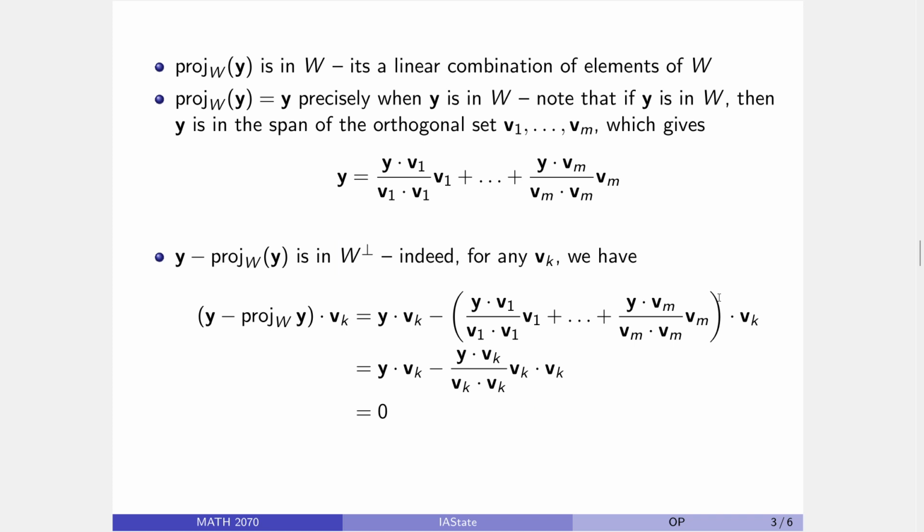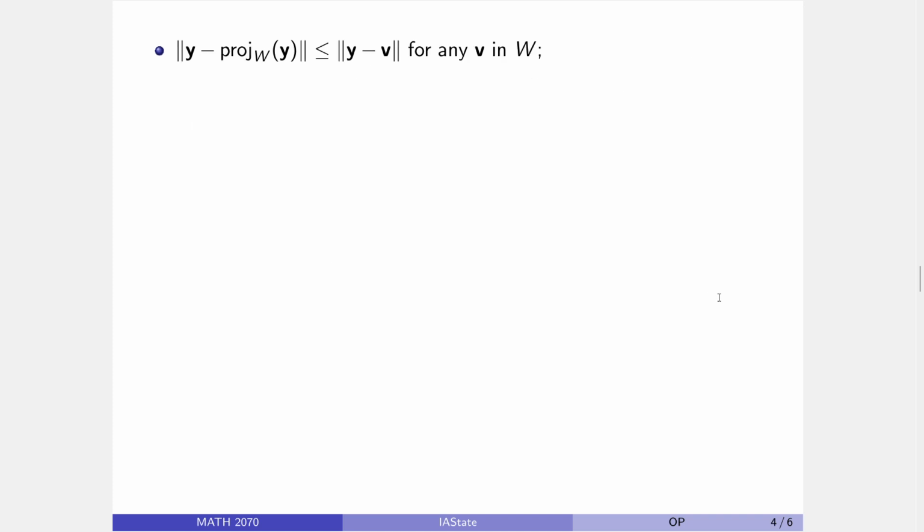Now, equipped with all of this wonderful information, we now get the big answer for today. The real reason you care about orthogonal projections, and honestly, the real reason we care about any of this orthogonal stuff: the distance between y and its orthogonal projection is less than or equal to the distance between y and any element of W. In other words, the orthogonal projection of y onto W is the point in W that is closest to y.